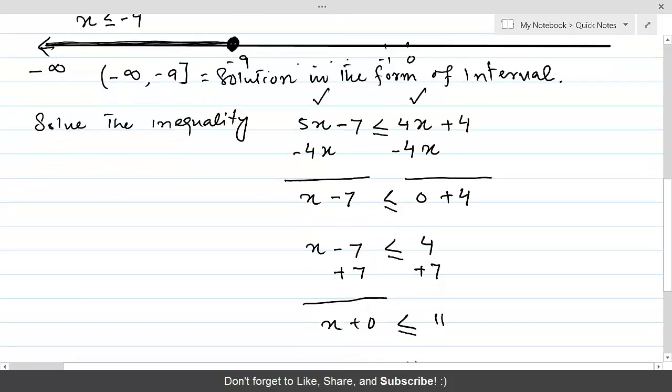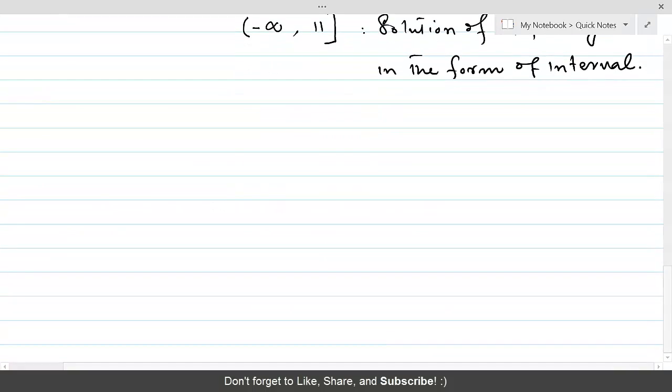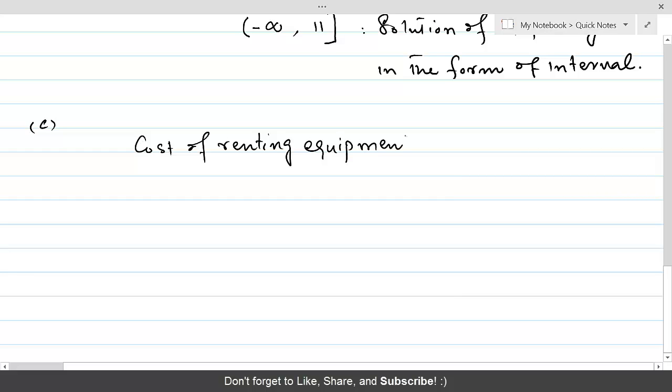Now let's do one last question here. The one last question here is that we are renting equipment from two companies. What is the cost of renting equipment from company A?